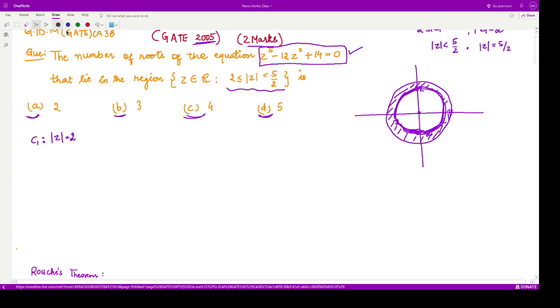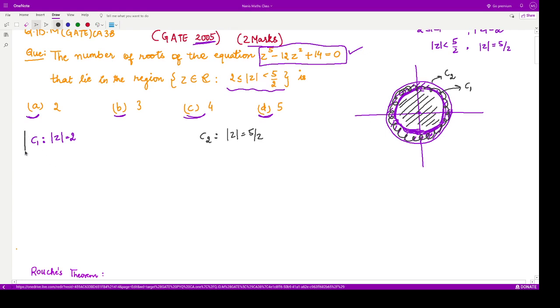Basically we are firstly seeing the number of zeros inside this region. Say this is our C1, and let us call this circle C2. Thereafter we shall see the number of zeros in the circle C2 where mod z is equal to 5 by 2. In order to obtain the number of zeros lying in this annulus, we subtract the number of zeros in C1 from the number of zeros in C2. That would give you the number of zeros present in this annulus region.